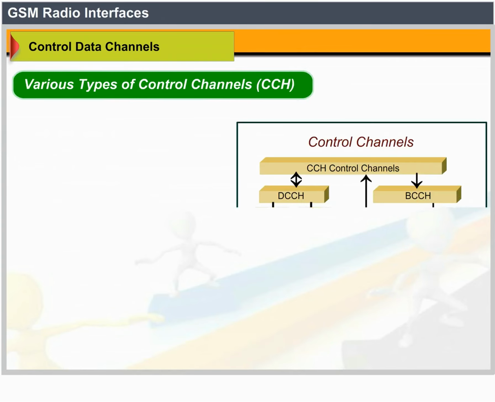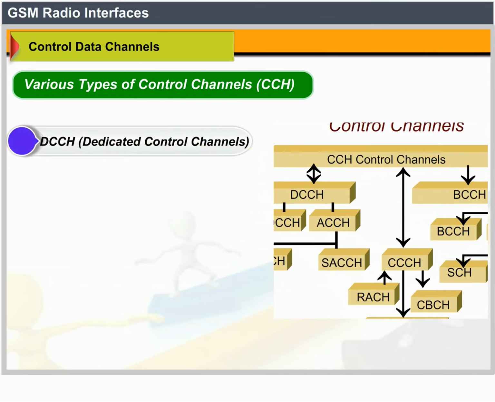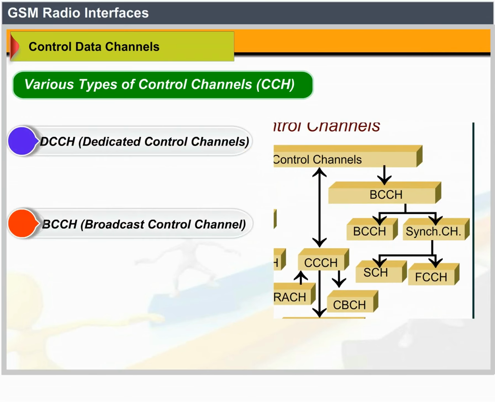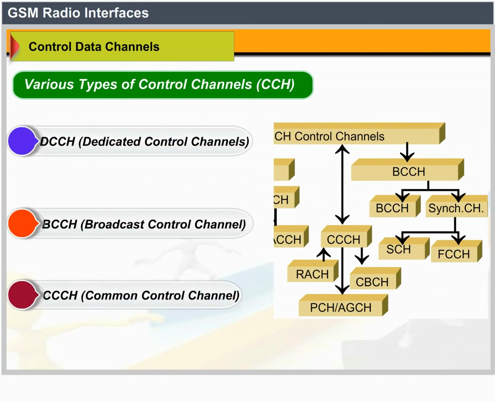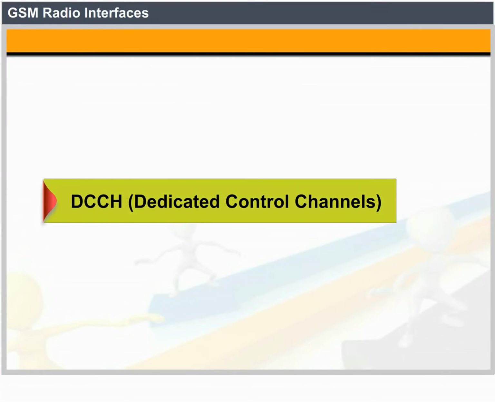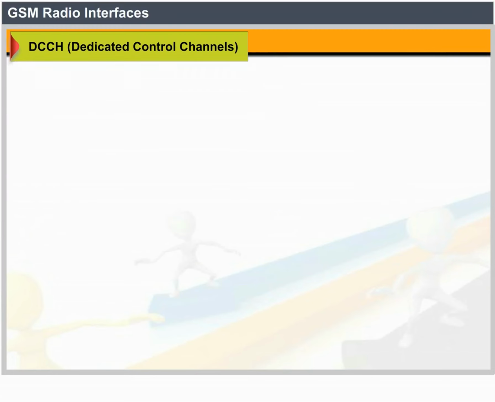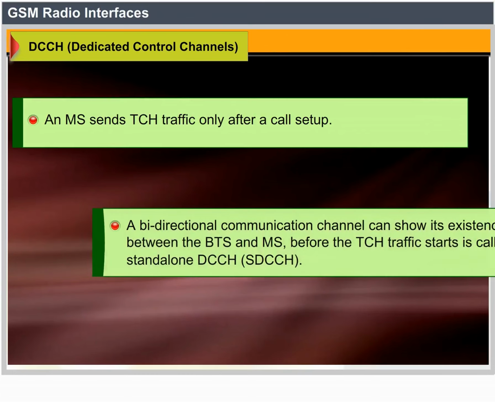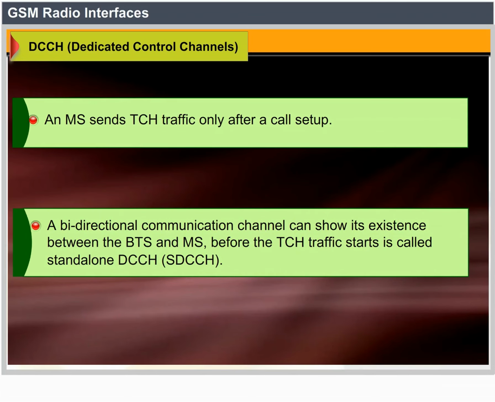Various types of control channels: DCCH, dedicated control channels; BCCH, broadcast control channel; CCCH, common control channel. DCCH, dedicated control channels. An MS sends TCH traffic only after a call setup. A bidirectional communication channel present between the BTS and MS before the TCH traffic starts is called stand-alone DCCH, SDCCH.